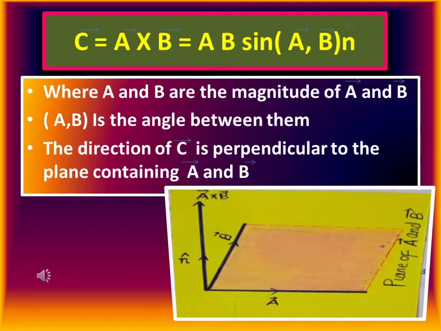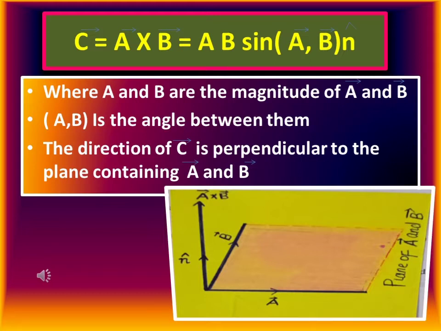If vector A and vector B are two vectors, then their vector product, read as vector A cross vector B, is a vector. We can denote it by the letter vector C. Then vector C is equal to vector A cross vector B, which is again equal to AB sin(A, B) n cap, where A and B are the magnitudes of vector A and vector B, and the term inside the bracket is the angle between them.